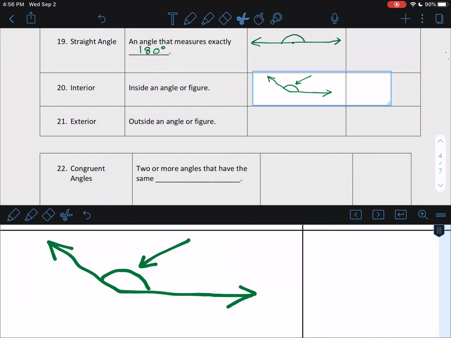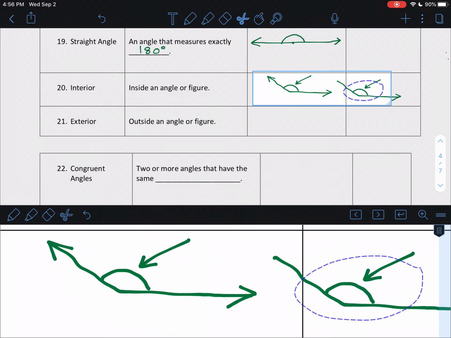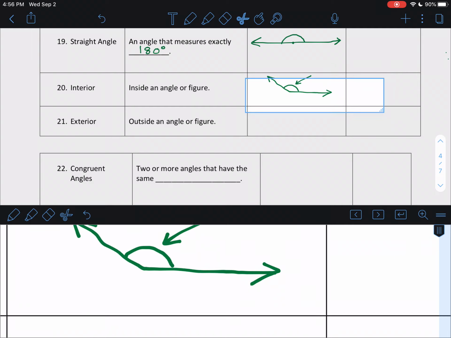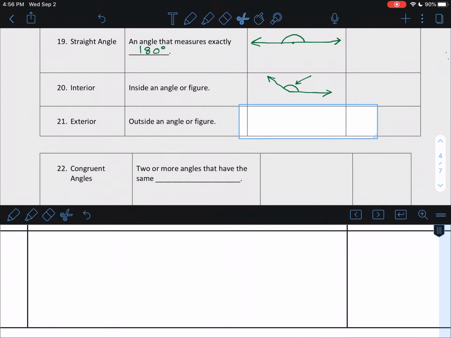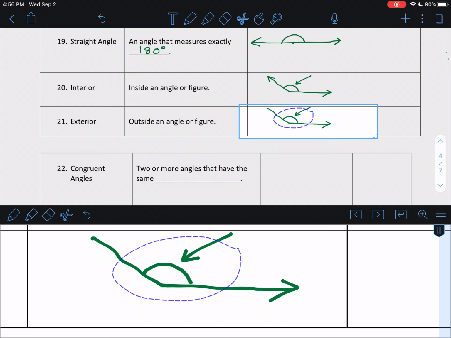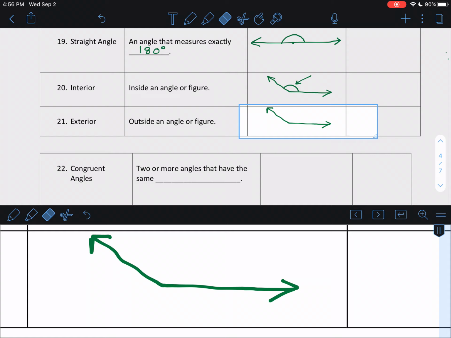So I would like to cut this. Yeah, okay, that worked. And I will attach that. Okay. The exterior is this part here.